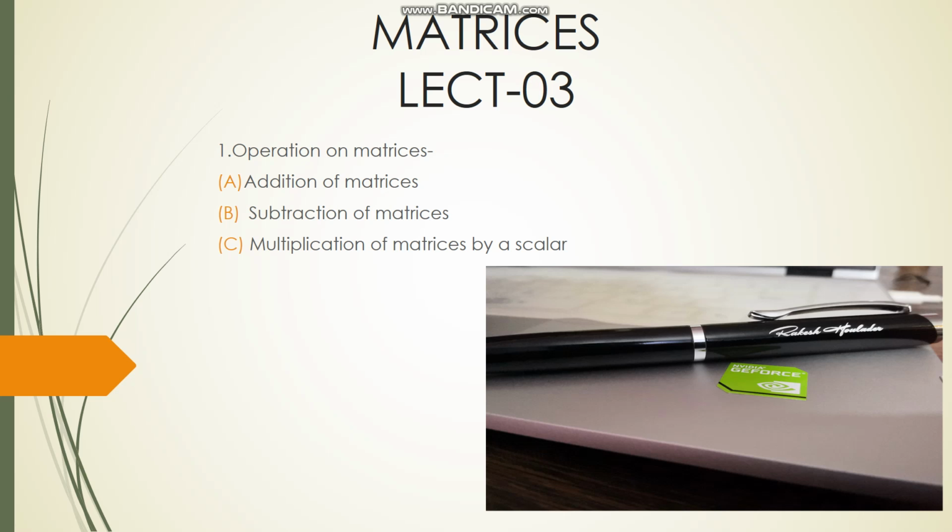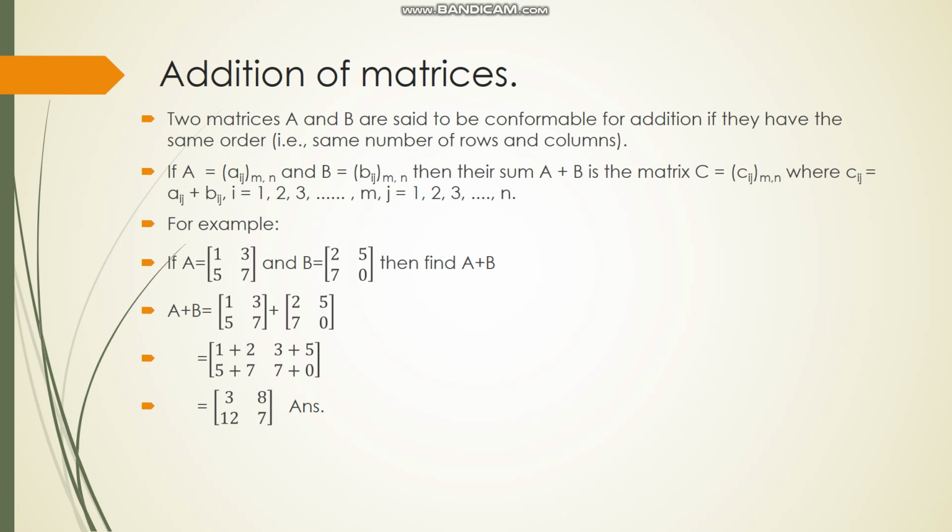In this lecture, we are going to deal with addition of matrices, subtraction of matrices and multiplication of matrices by a scalar quantity. First, addition of matrices. Two matrices can be added when the order of both the matrices is the same, meaning the same number of rows and columns.